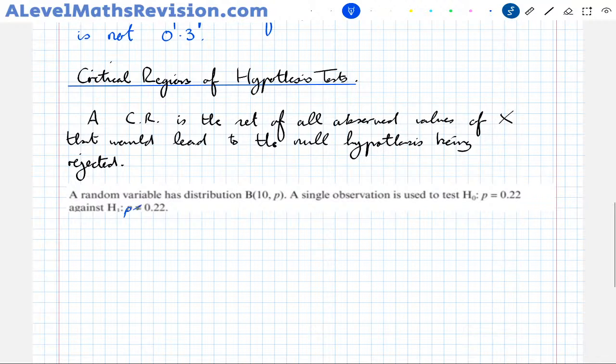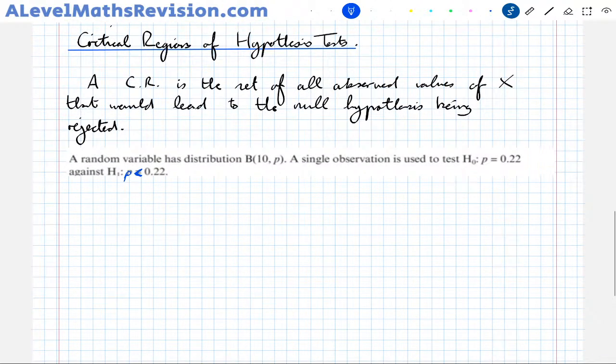I'm going to change that slightly since it's our first example to make it a bit easier. I'm going to say p is less than 0.22. So a random variable has distribution binomial 10, p. A single observation is used to test the null hypothesis p equal to 0.22 against the alternate hypothesis p is less than 0.22.